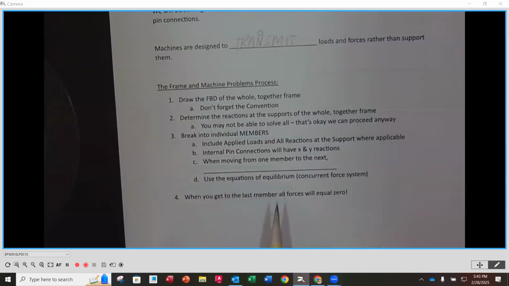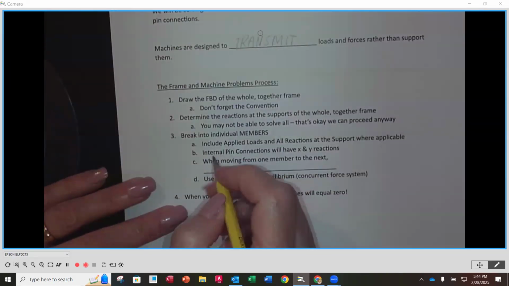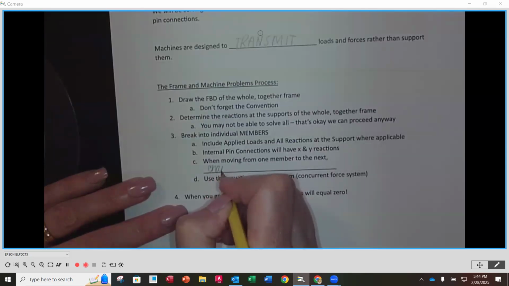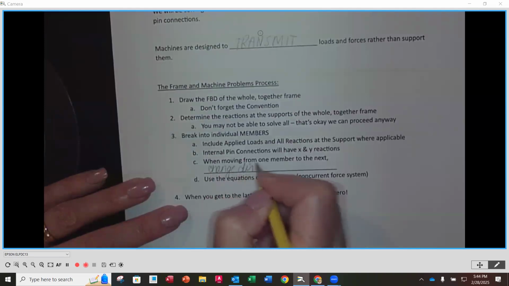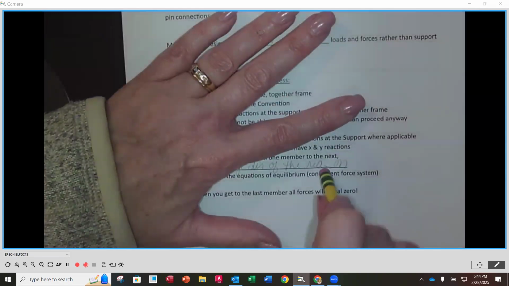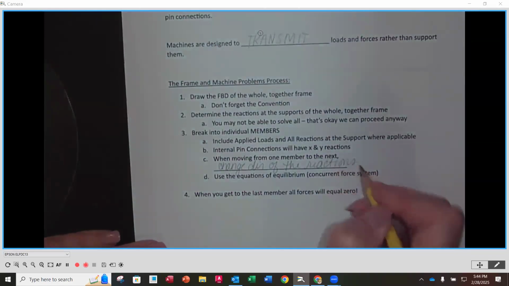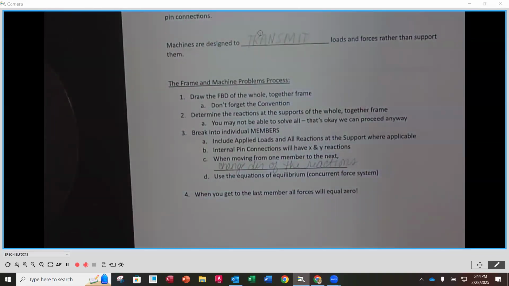When we move from one member to the next, we are going to change the direction of the reactions. That'll make more sense when we do a problem, which we'll do very shortly.